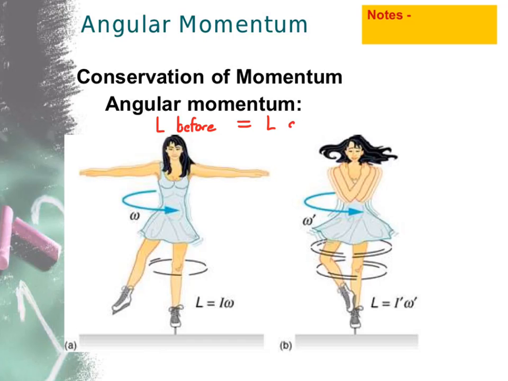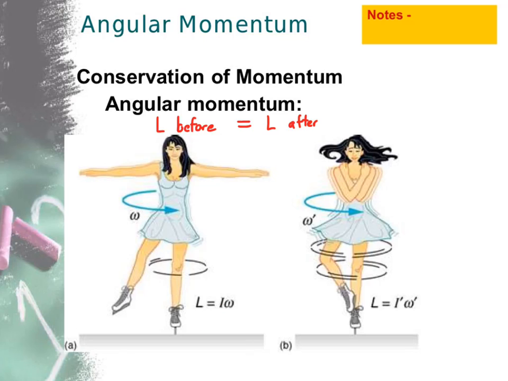Now you can make this statement if there are no external torques acting on the system. We don't have anybody trying to spin our ice skater up by pushing on her sides or anything like that. All the skater is doing is changing her moment of inertia.